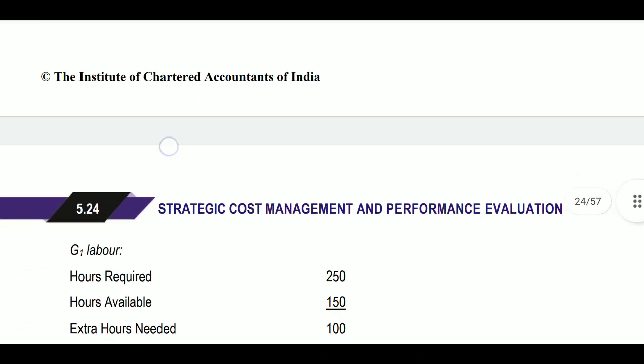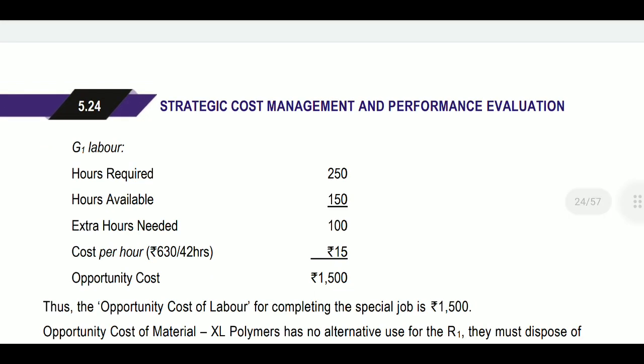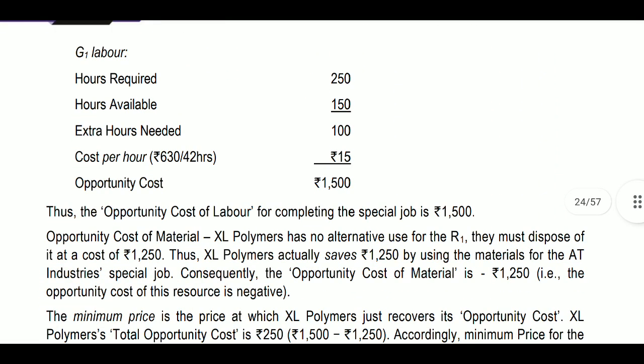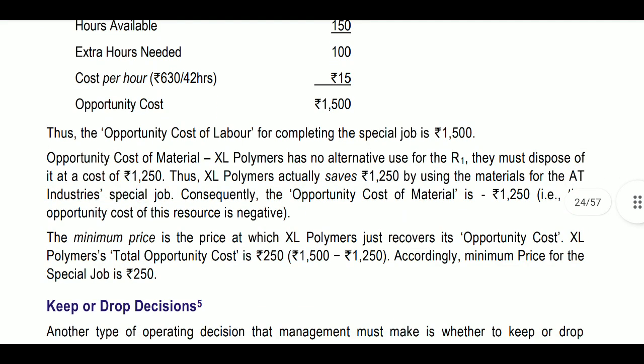For G1 labor, hours required are 250 hours, hours available are 150 hours, so extra hours needed are 100 hours. Cost per hour is 630 divided by 42, that is 15 rupees, so the opportunity cost will be 1500. If we do not accept that offer, we will save this 1500 rupees. So the opportunity cost of labor for completing the special job will be 1500 rupees.